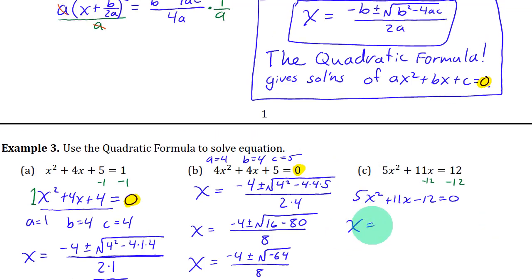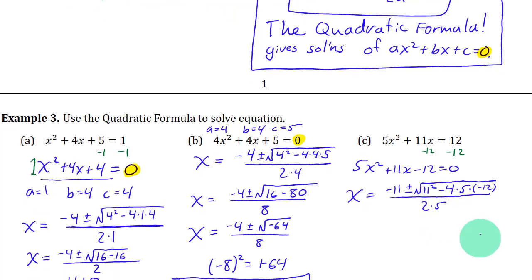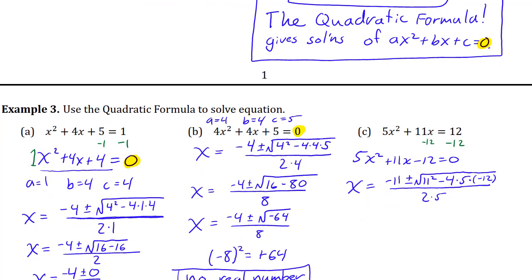So I'm just going to write this down, with b equals 11, so that will be negative 11 in the top, plus or minus the square root of 11 squared, minus 4 times a, which is 5, times c, which is negative 12. And in the bottom we're going to have 2 times 5, which will become 10. We might need a calculator for help with some of this arithmetic.